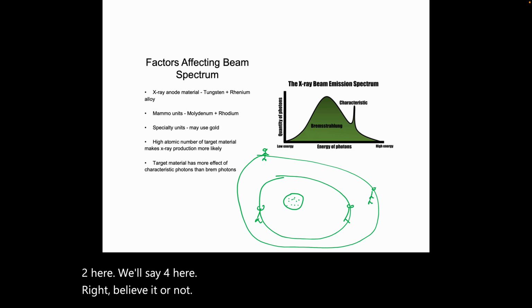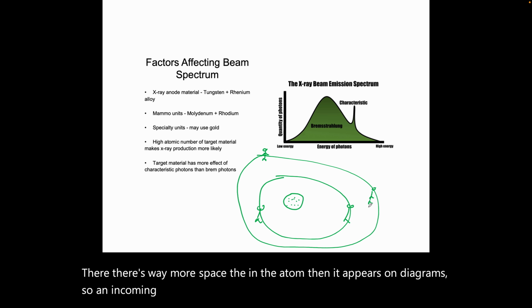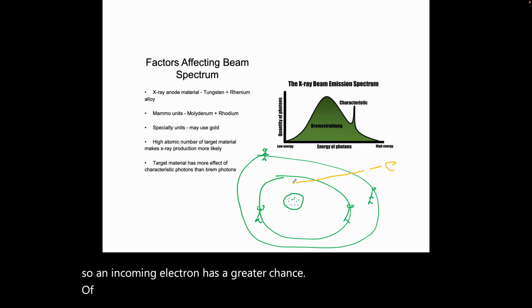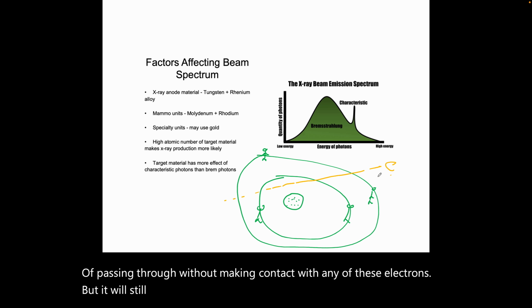Believe it or not, there's way more space in the atom than it appears on diagrams. So an incoming electron has a greater chance of passing through without making contact with any of these electrons. But it will still have some kind of attraction to the nucleus because it's just a matter of proximity.